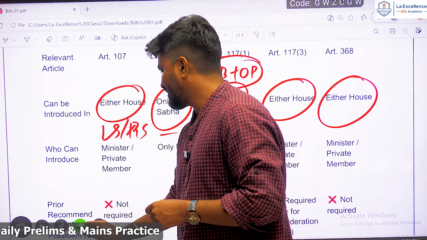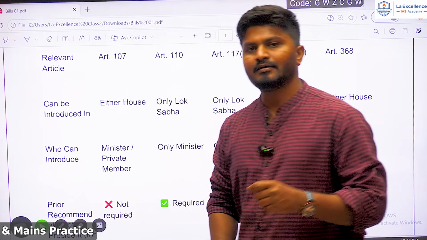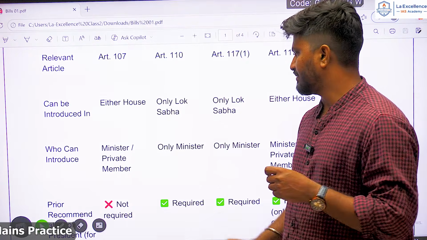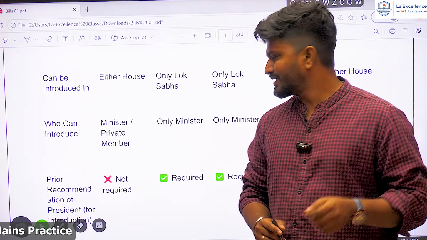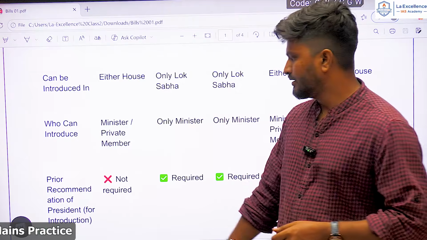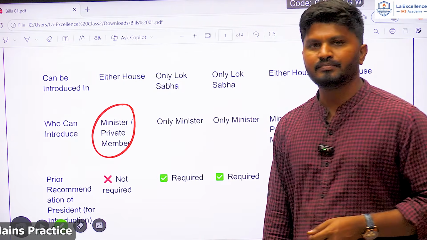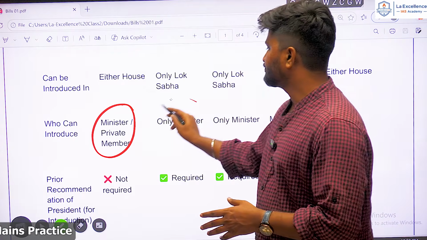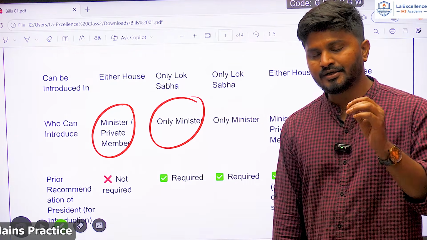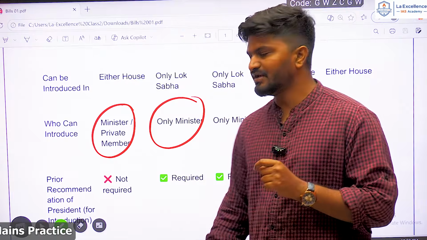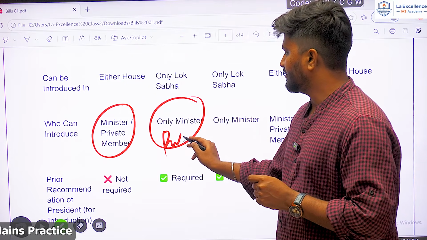Next, who can introduce this bill? Is it a minister, or is it a private member? When it is introduced by a minister, it is called a public bill. So an ordinary bill can be introduced by either a private member or a minister. When it comes to money bill, it can be introduced only by the minister, meaning it is a public bill.